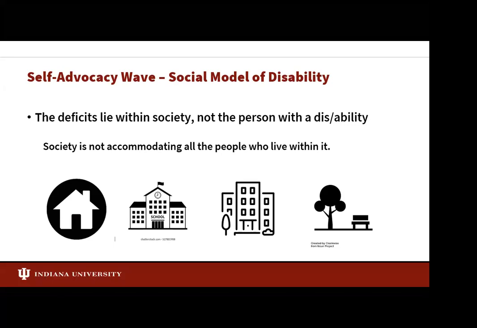In the social model of disability, the person with a disability needs to be accommodated by society. Society needs to change. Society is not accommodating all the people who live within it. And again, we just want to live, learn, work, and play in our culture, just like everyone else.